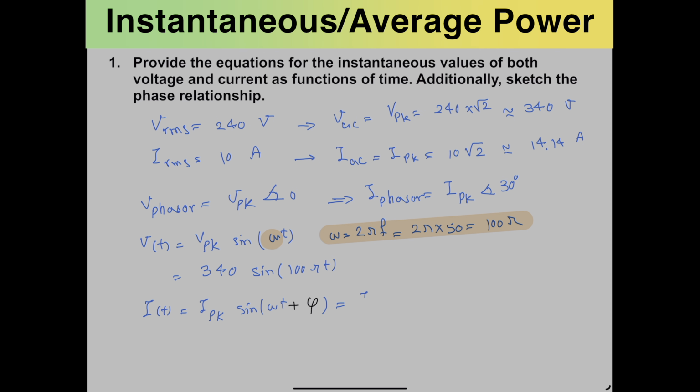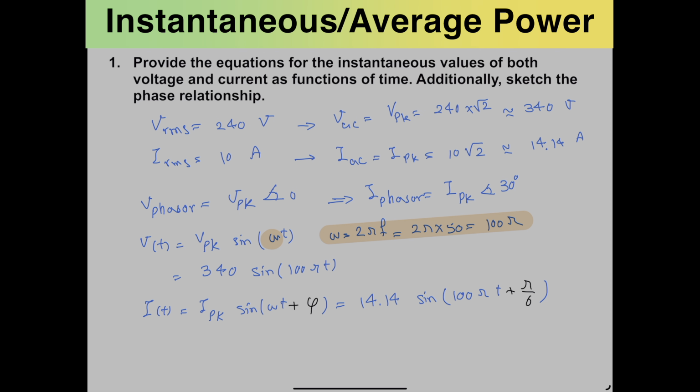So it can be written as I peak, which we replace with the peak value of 14.14, sine of omega t, which is 100 pi t, plus phi, which in this case is pi over 6. We just write it in its corresponding color, pi over 6. Now, this is the instantaneous waveform for both voltage and current.